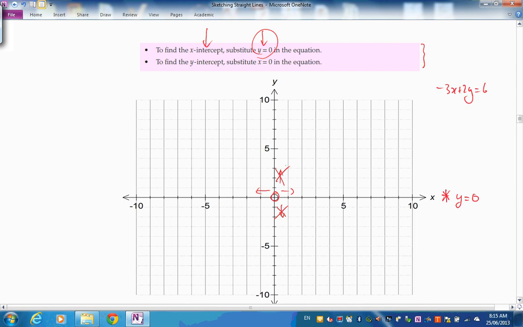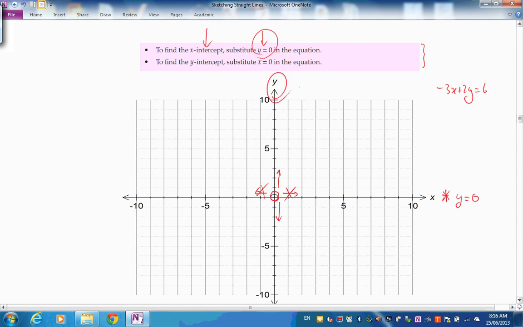Let's have a look at the y-axis. So we start off at the origin of movement here, and on the y-axis we could move up or down. Have we moved anywhere in x-land? No. We haven't moved to the left or right. On the y-axis we've just moved up and down.